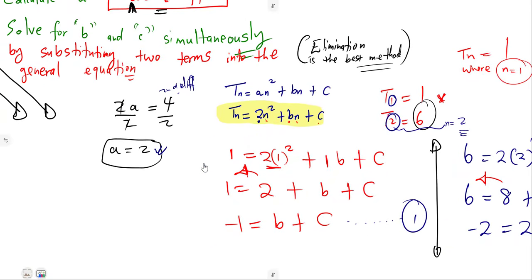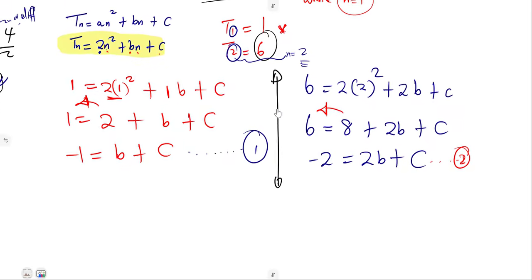Back to our simultaneous equations now. Any method that you can use that you do understand, you can use it. But like I said, elimination is the best, since we have got the c, the constant here, which is exactly the same.